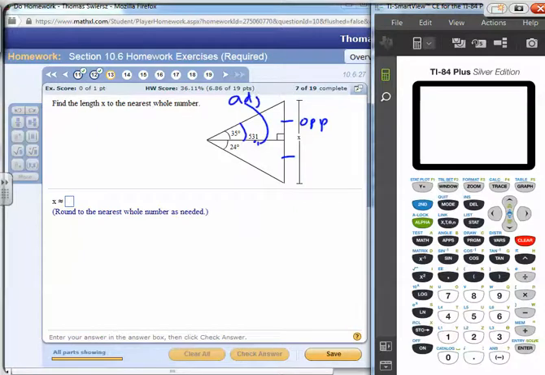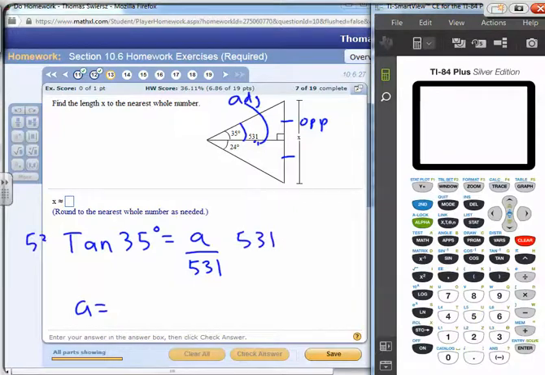So opposite over adjacent is the tangent. So tangent of 35 degrees is equal to the side opposite, one of the sides we've got to find. So we'll call it A over the adjacent, which is 531. So then A is going to equal, multiply both sides by 531, so that cancels here. So A is equal to 531 times the tangent of 35 degrees.